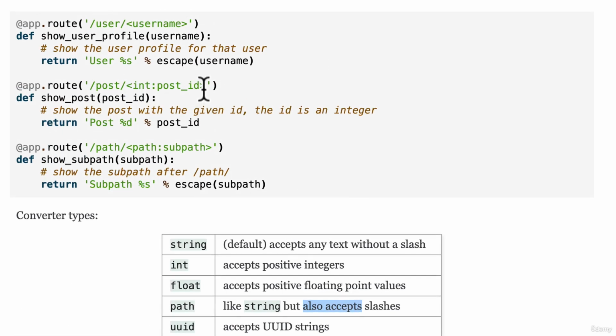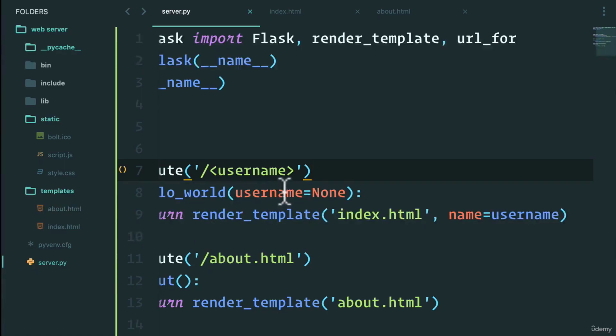So let's try that. Let's do a post ID here, or in our case, let's just copy this and say I also want the username, and then perhaps accept some sort of a number. So instead of post ID, maybe it could be, I don't know. Actually, post ID is good. Let's keep it like that.